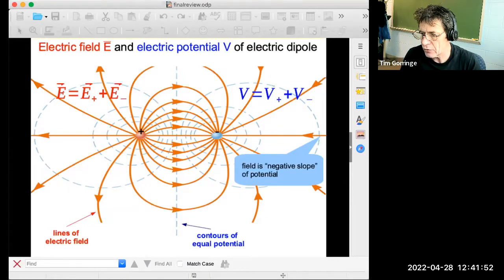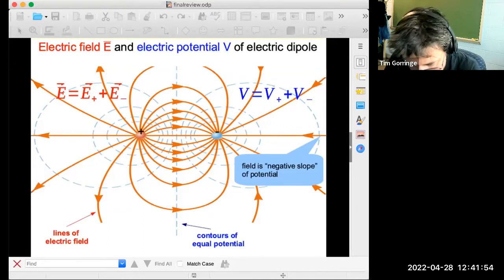So for the electrical field lines, that's the lines in orange here of this charge distribution. The key points are that if the lines are closely packed, say in the neighborhood of this positive charge or in the neighborhood of this negative charge, then that's a region of strong field.